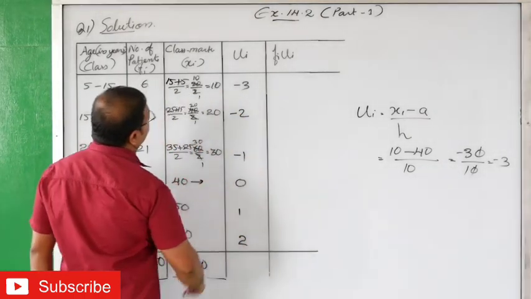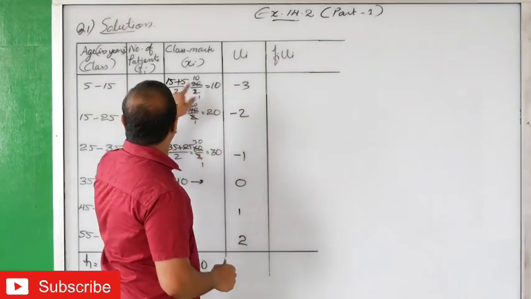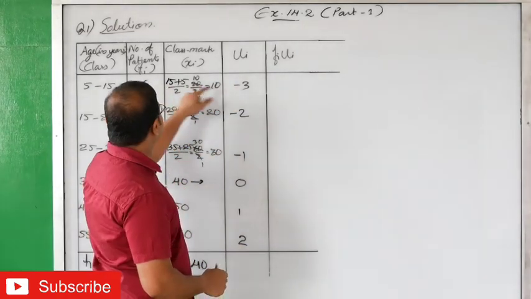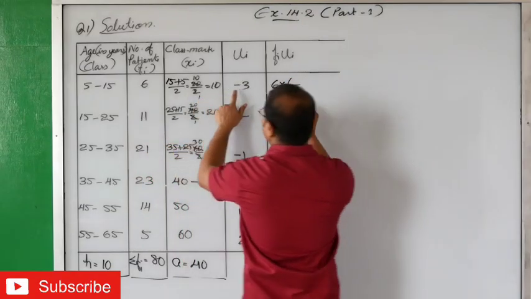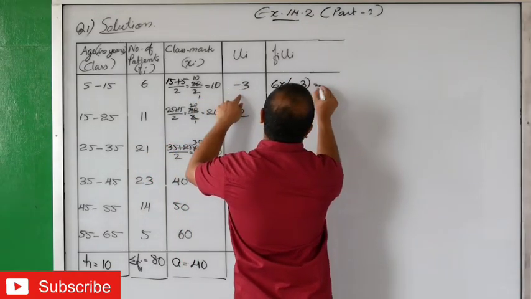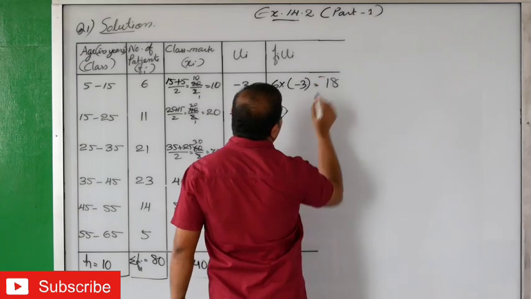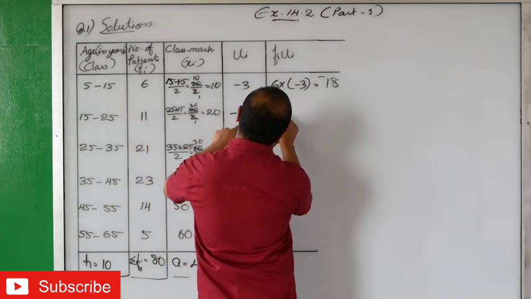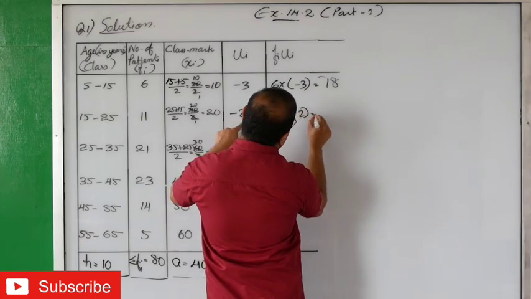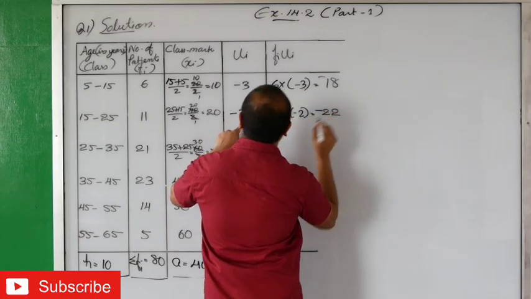Now, next one. What you will do? fi ui means these two will multiply, isn't it? So what is fi ui here? 6 into minus 3. 6 3s are 18, so minus 18. Next step, 11 into minus 2 equals minus 22.